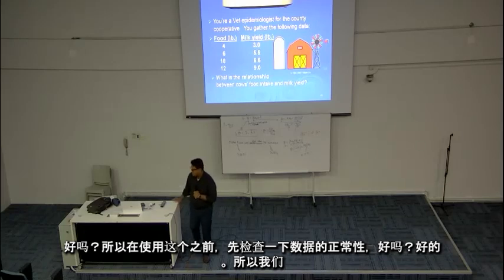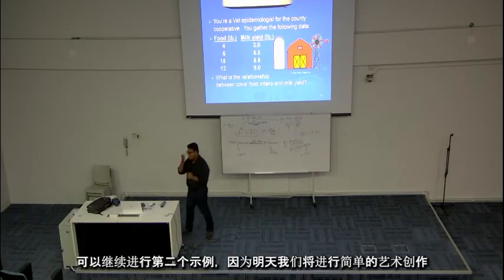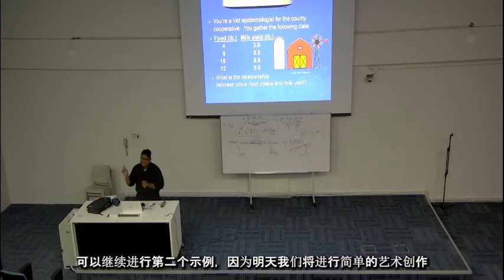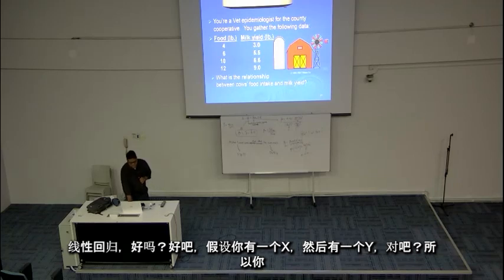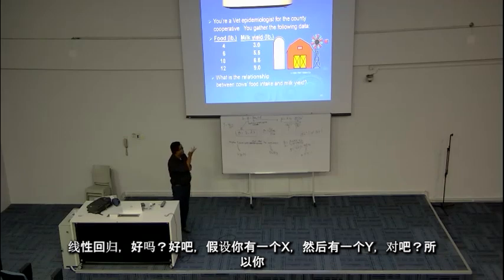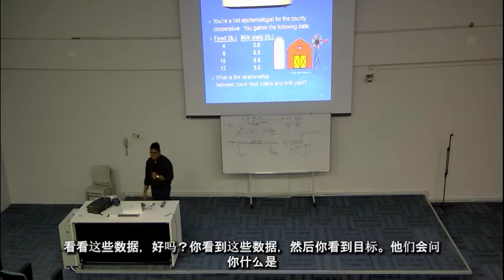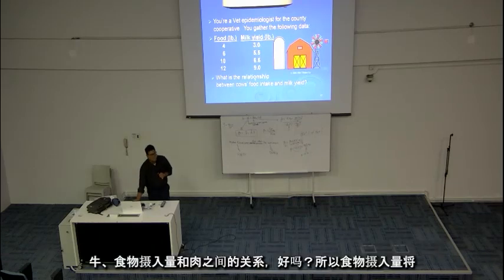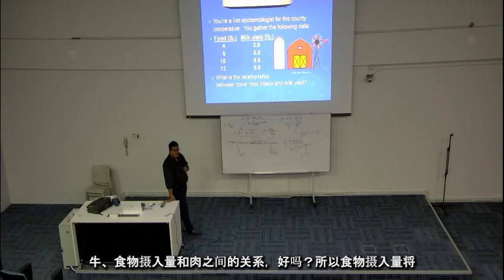So we can proceed with the second example, because tomorrow we will do R for simple linear regression. Given that you have one X and then you have Y, you see this data and you see the objective. They ask what is the relationship between the cows' food intake and the milk yield.